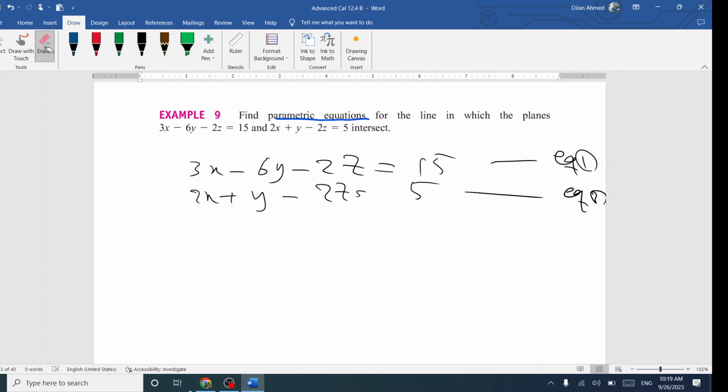We are going to guess one value to eliminate it, to get two variables and two equations, right? For example, if I say let z be 0, these two equations will change to what? Am I right?